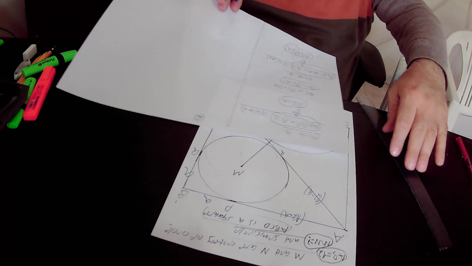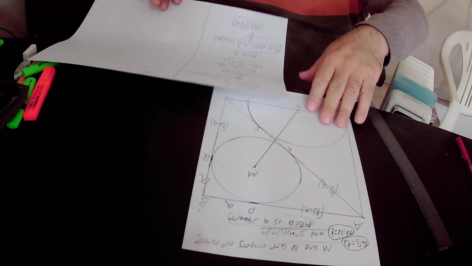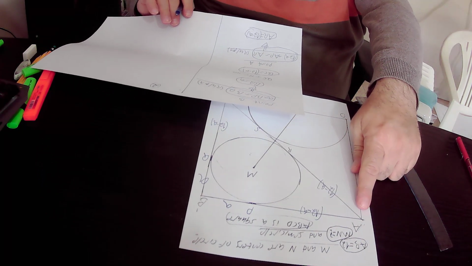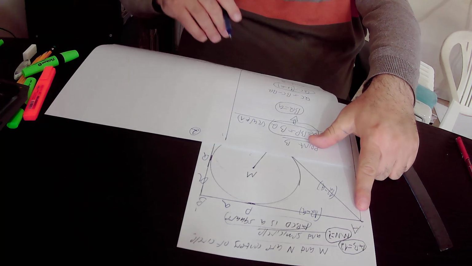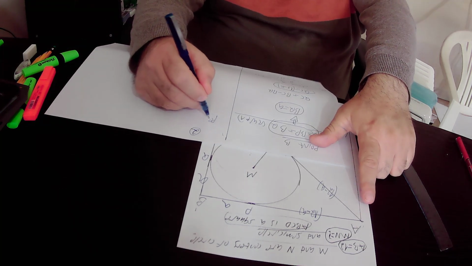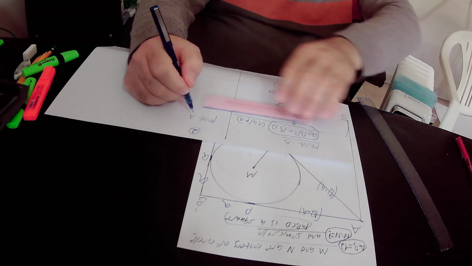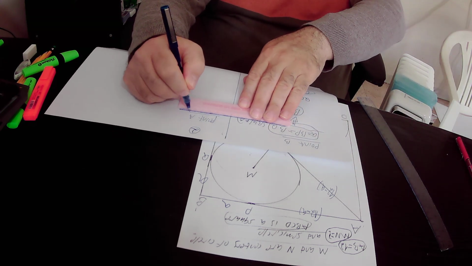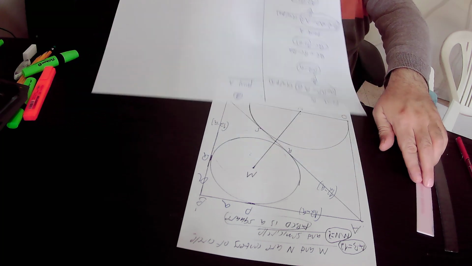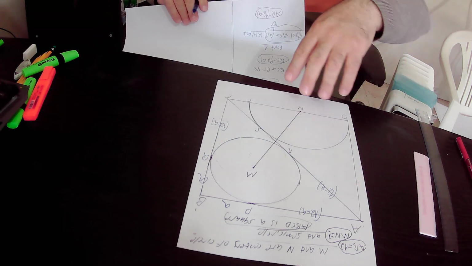We will continue to focus on the common external point A. On the common external point A, we have two tangents to this semicircle.